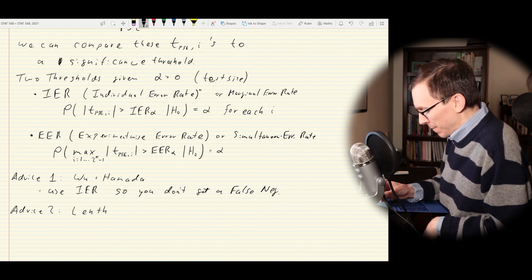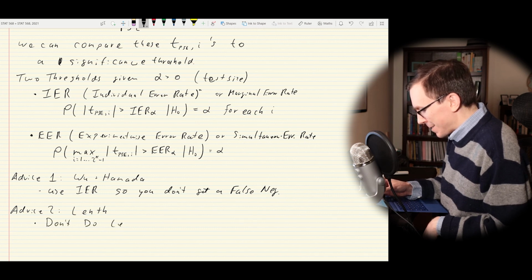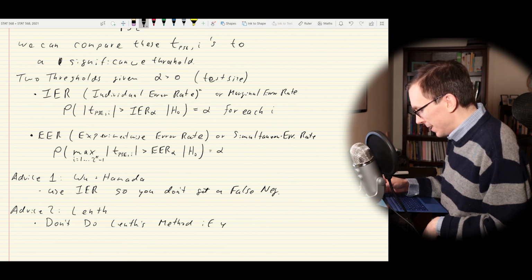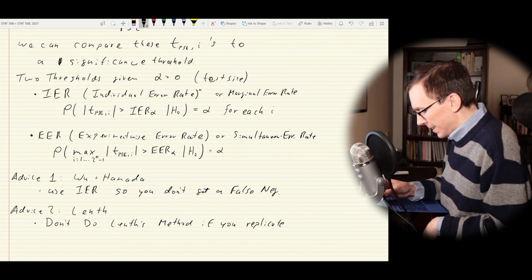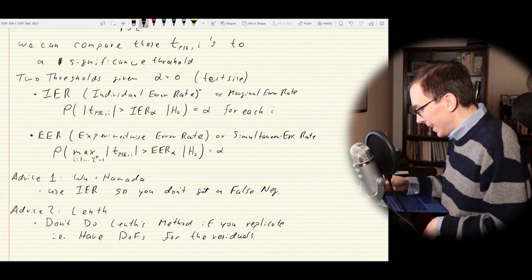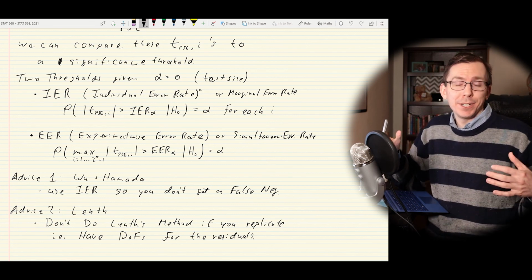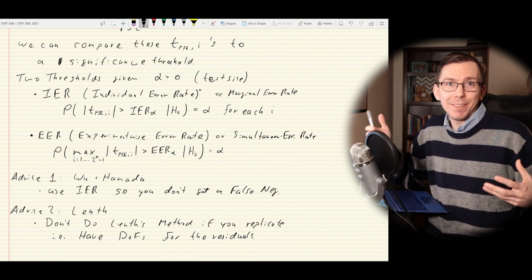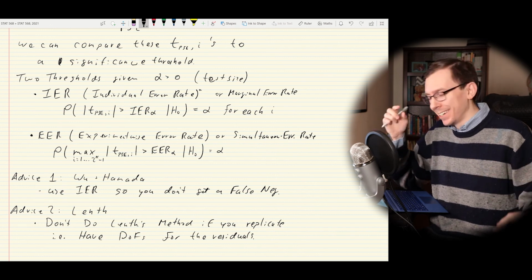So basically, Lenth says, don't do Lenth's method if you replicate, i.e., have degrees of freedom for the residuals. Again, it's a pretty neat tool to be able to compute a pseudo standard error when you don't have any degrees of freedom left to compute a standard error.